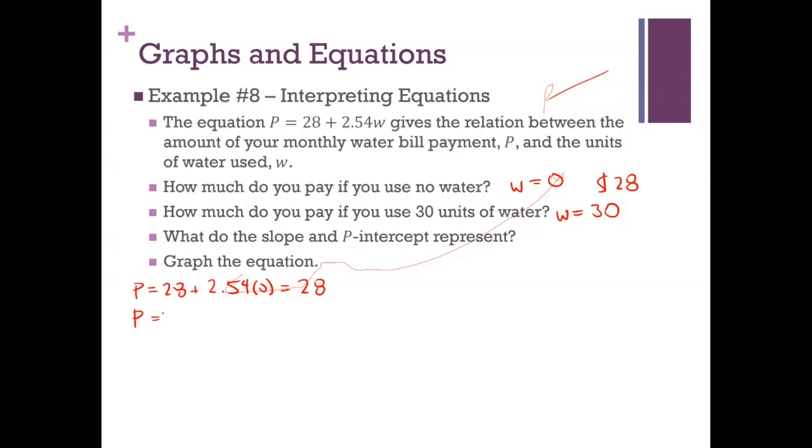So P equals 28 plus 2.54 times 30, which is 104.2. So how much money I spent on that is $104.20.